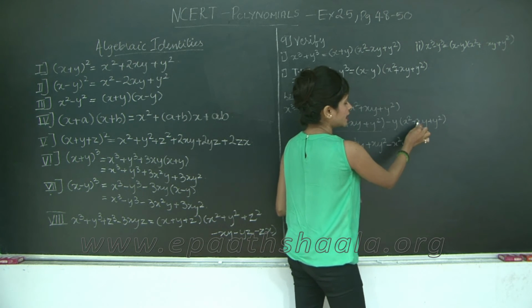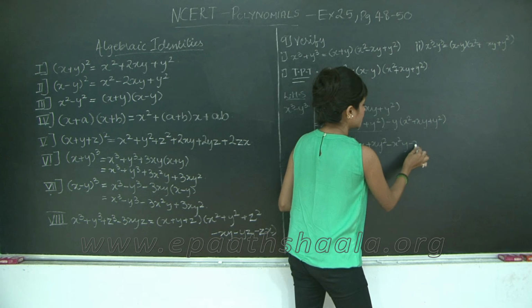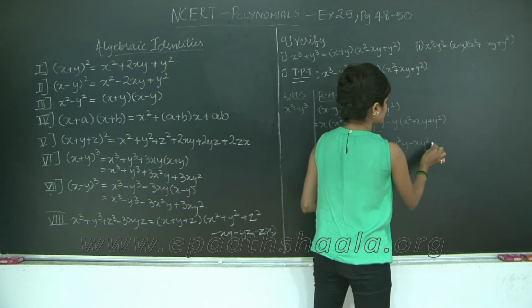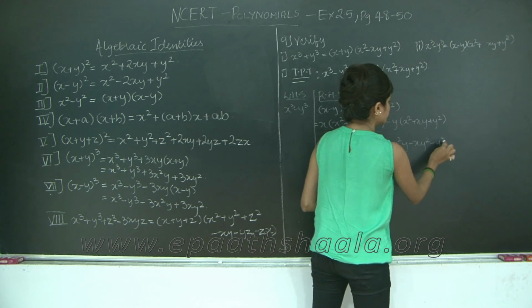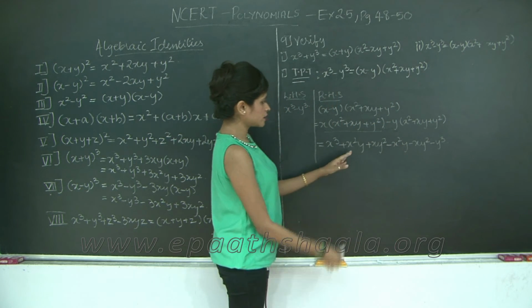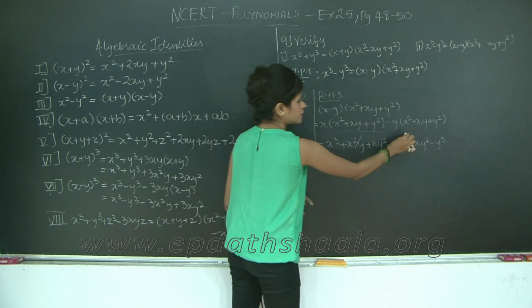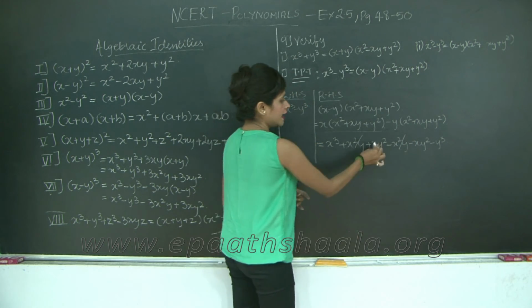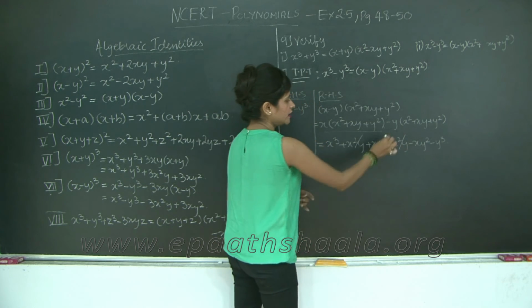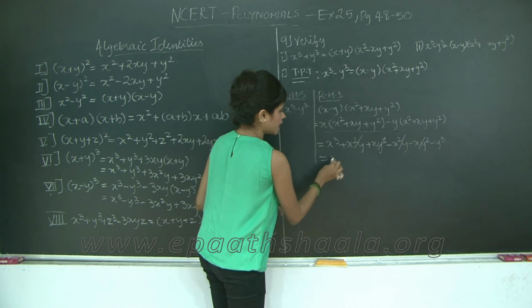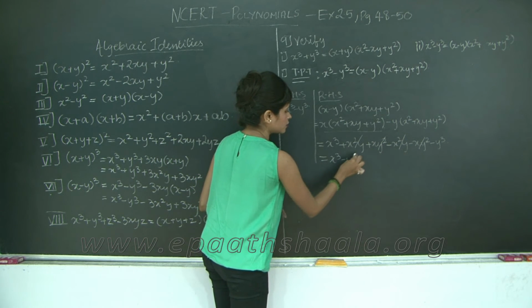Similarly, minus y into plus xy gives me minus xy square, and minus y into y square gives me minus y cube, right? Now notice that x square y and minus x square y cancel out. Similarly, xy square and minus xy square cancel out, right? Finally, I am left with what? x cube minus y cube.